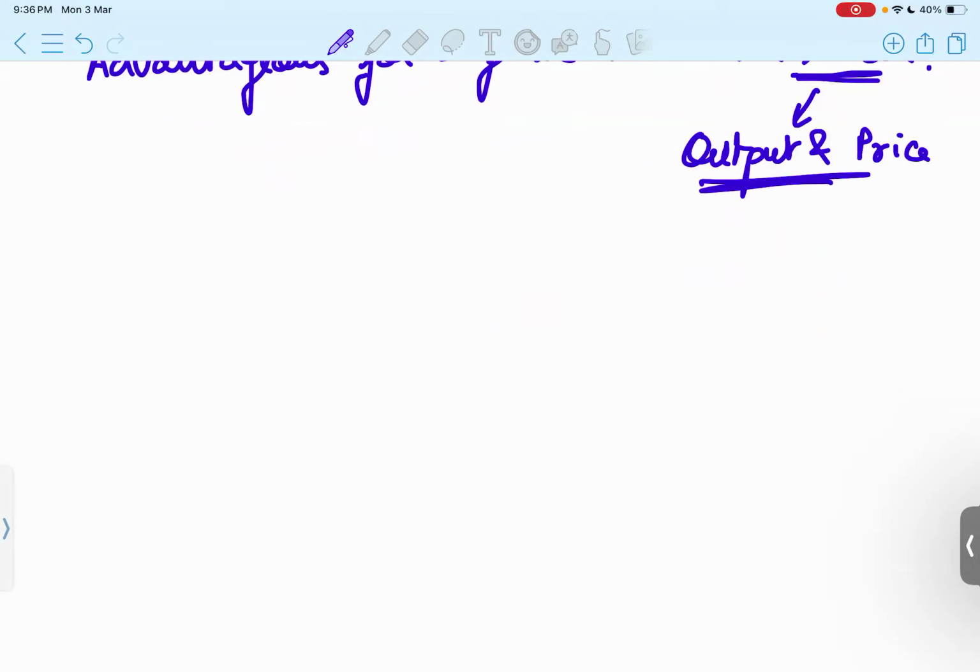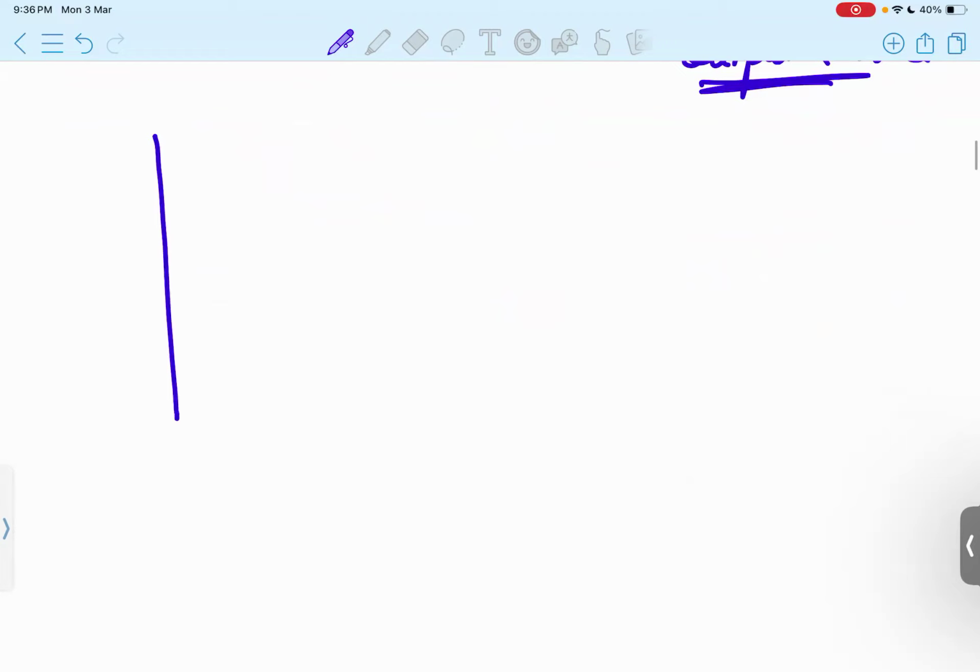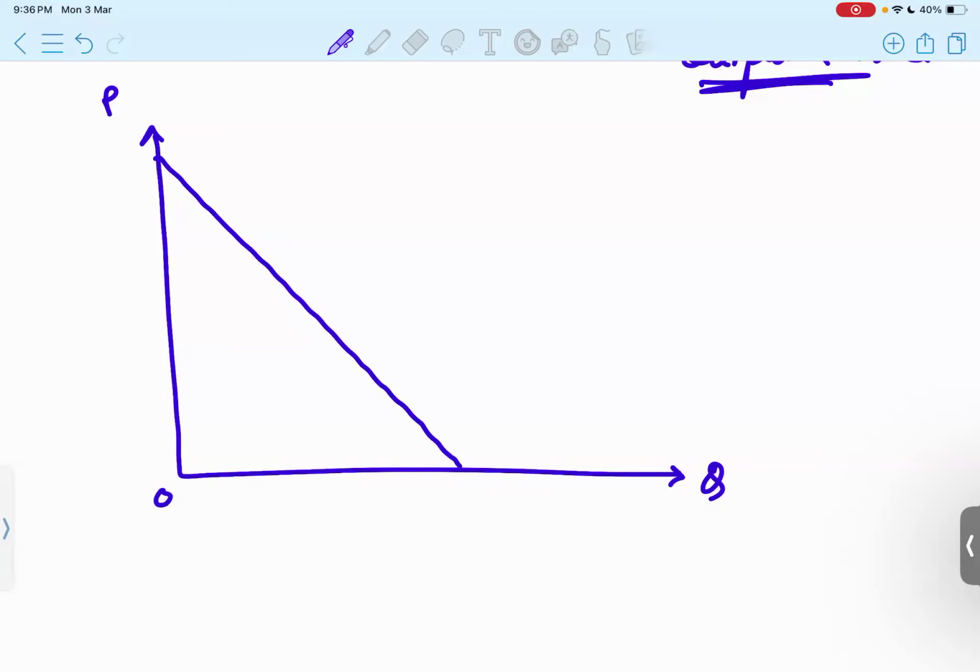So through graphical illustration, we'll further understand how the market changes are represented through the reaction curve approach. So we have one reaction curve of firm 1. Another one is for firm 2.